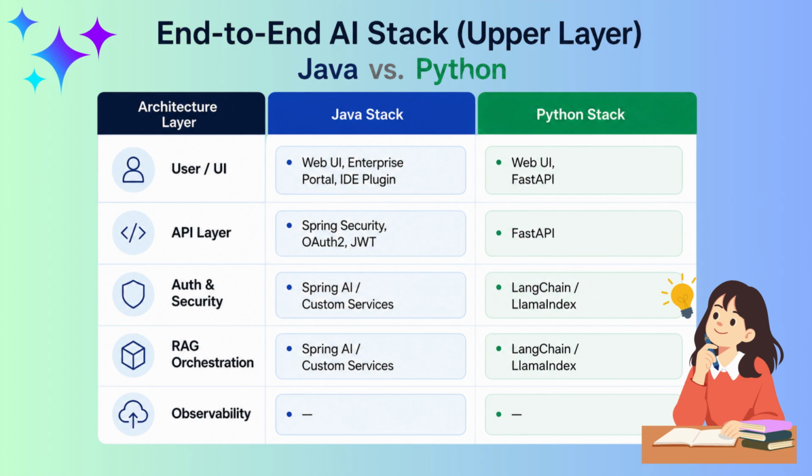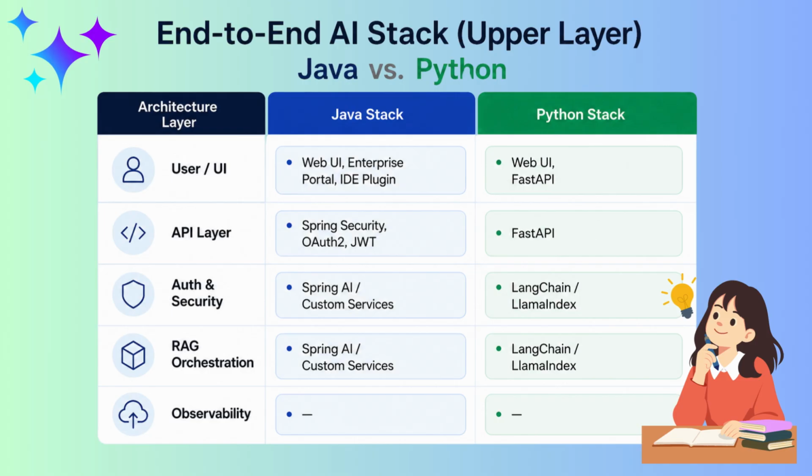Next is the API layer. Whether it's Spring Boot or FastAPI, the responsibilities are identical. Validate input, authenticate users, and protect the system. Auth and security is non-negotiable. OAuth, JWT, and role-based access work exactly the same in AI systems as non-AI systems.